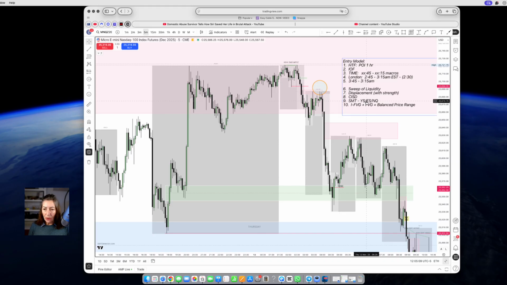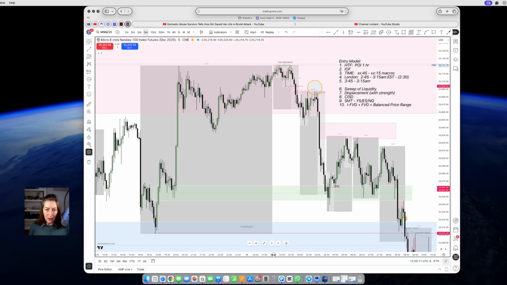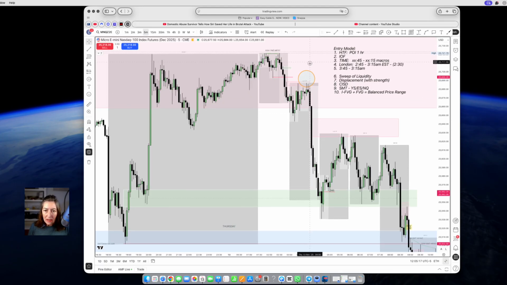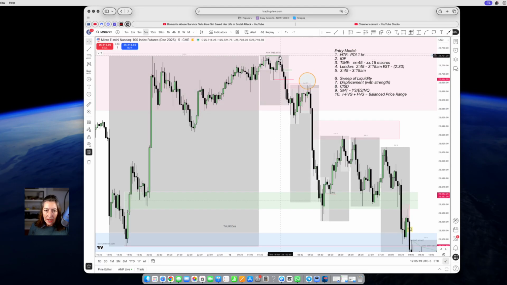Next, I'm looking for a change in the state of delivery. So let's identify where our change in the state of delivery is. If this is our last down close candle right here, this is our highest point, then our change in the state of delivery is the last green candle or series of green candles that led into this downward movement.